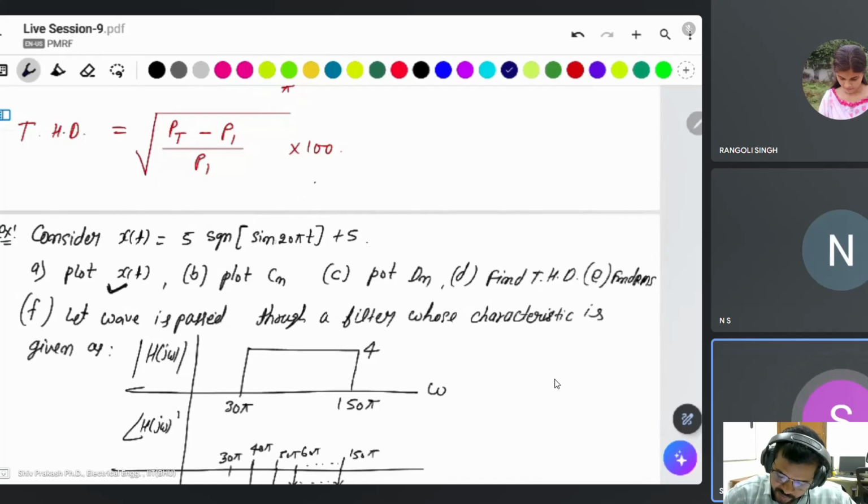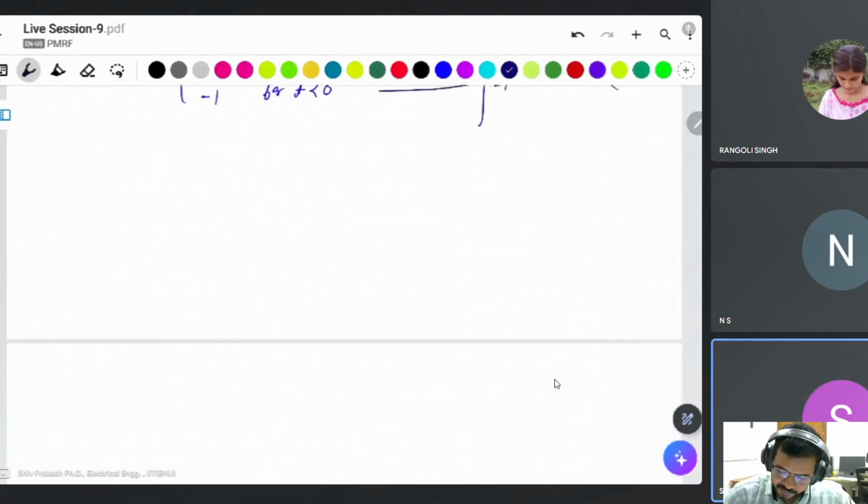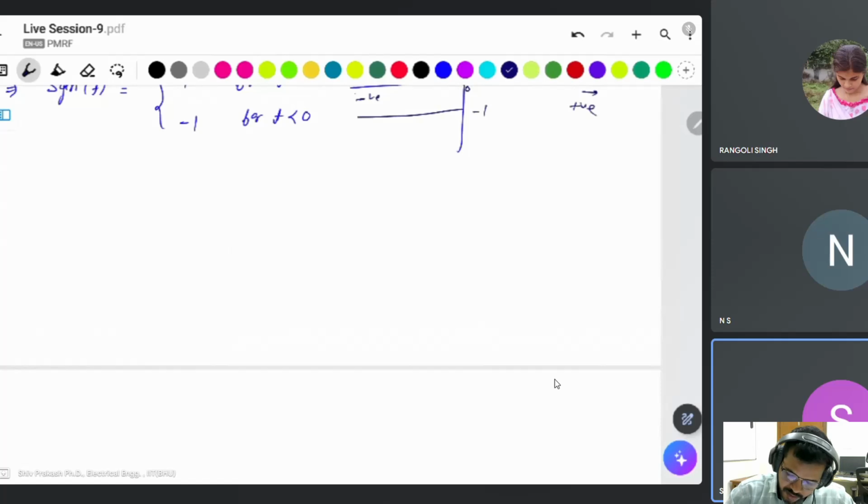Okay, first of all find the sine 20 pi t. Sine pi t, you know about the sinusoidal signal.